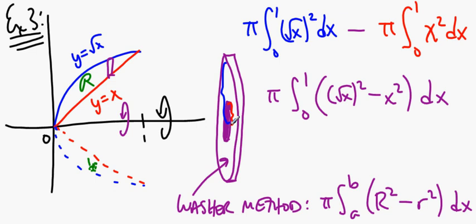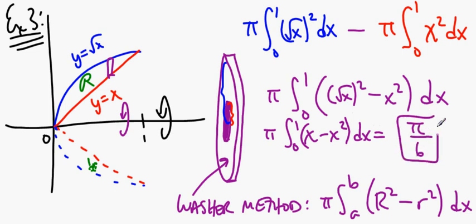So from here it's not that bad. From here we're just doing an integral from 0 to 1 of x minus x squared, and I'll leave it up to you to prove that that's pi over 6. I'm just interested in making sure you know how to set this thing up. So when there's a hole in your solid, you're doing the washer method, and the washer method is pi times an integral of big radius squared minus little radius squared.